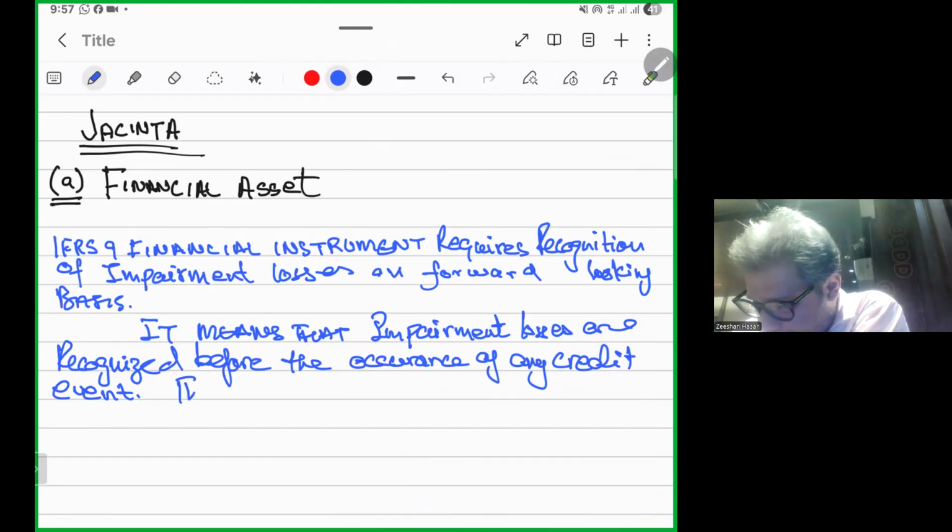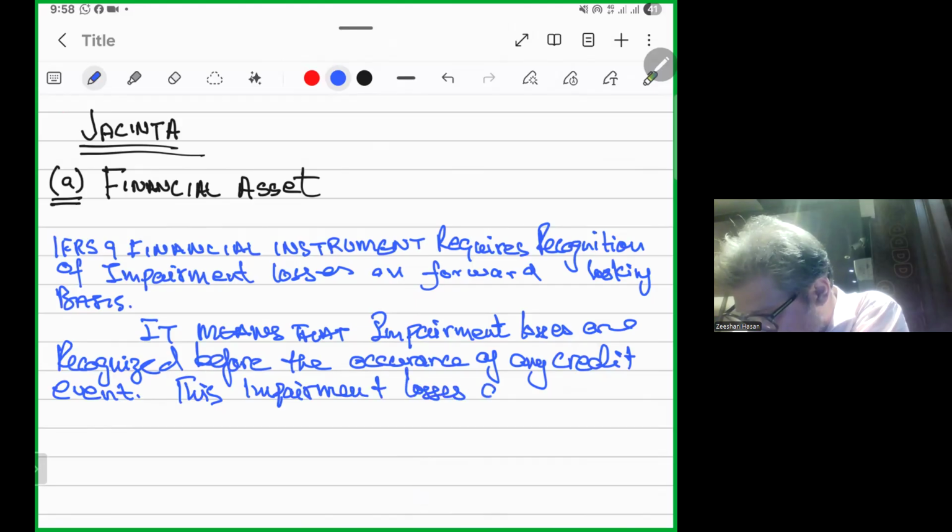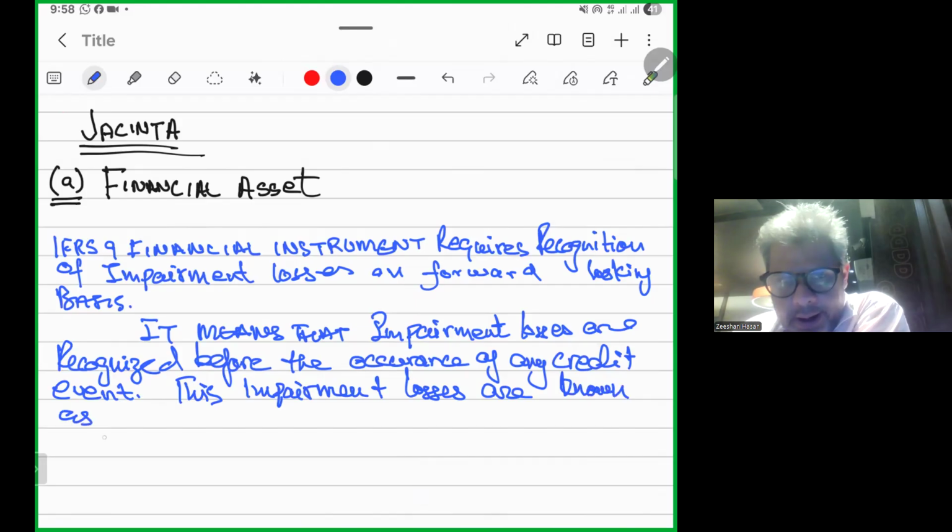These impairment losses are known as credit losses, expected credit losses.